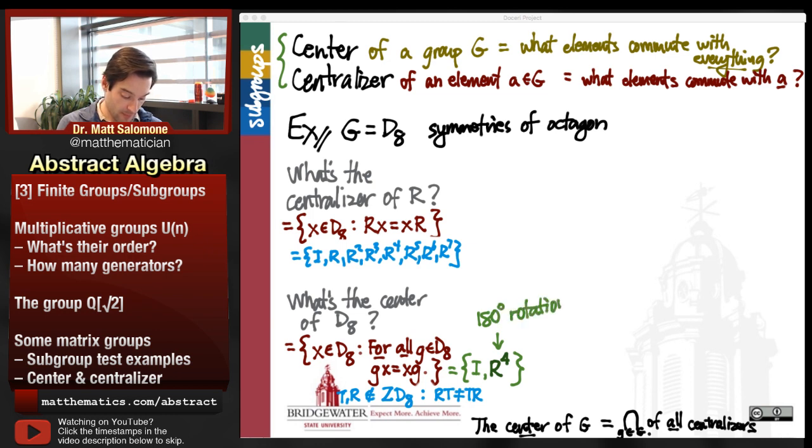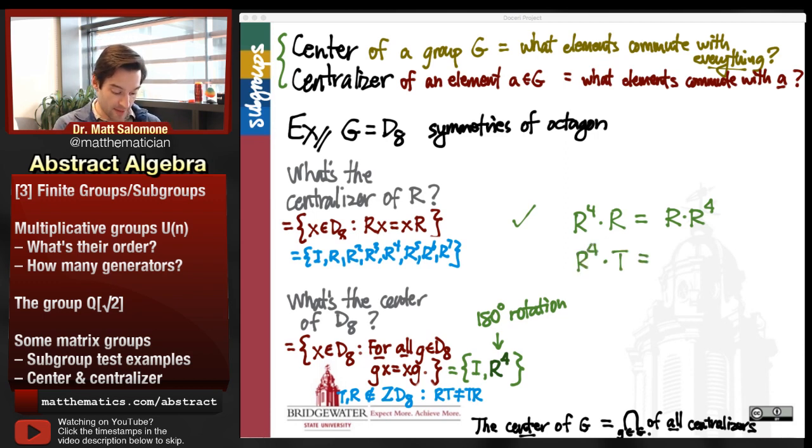We can check for sure that the 180-degree rotation commutes with r. So r to the fourth times r is equal to r times r to the fourth. This is certainly true because both of those things are equal to r to the fifth. But it's also true in the dihedral group of the octagon that r to the fourth commutes with t. How do we know that?